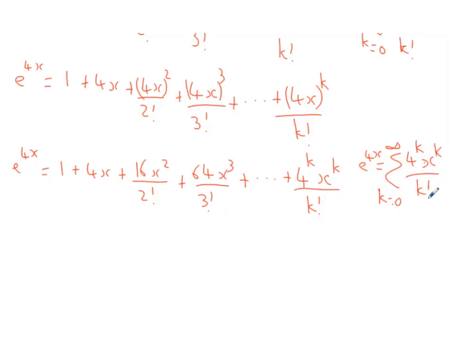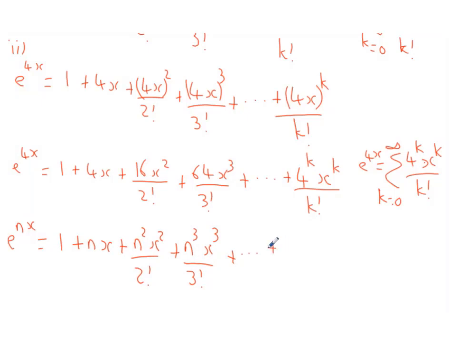The third part, that was part 2, the third part was asking for e to the nx. Well, I'm going to go straight into this form now, so it's 1 plus nx plus, well, it's going to be n squared x squared over 2 factorial plus n cubed x cubed over 3 factorial plus dot dot dot plus, well, it's going to be n to the k x to the k over k factorial.